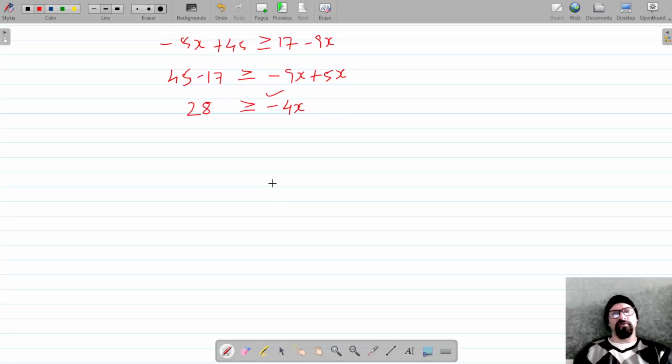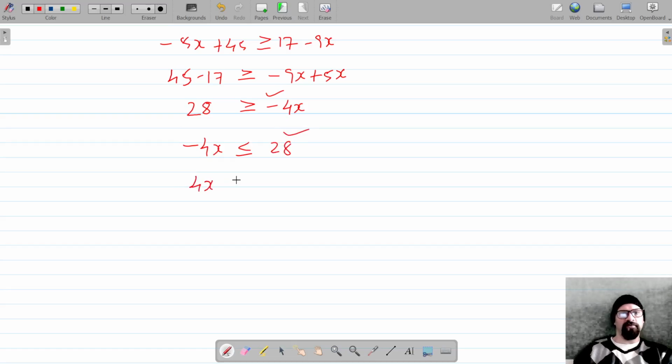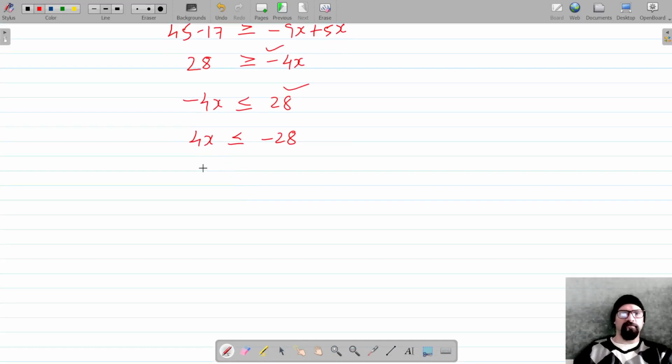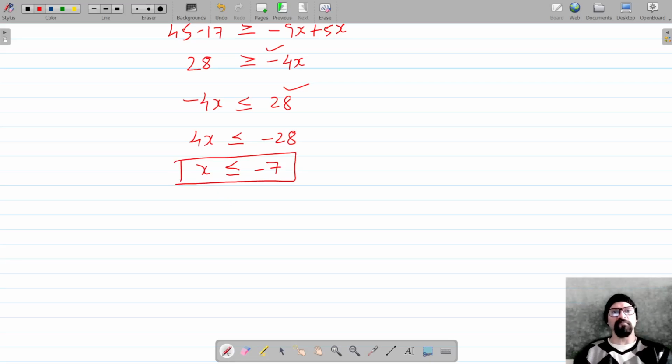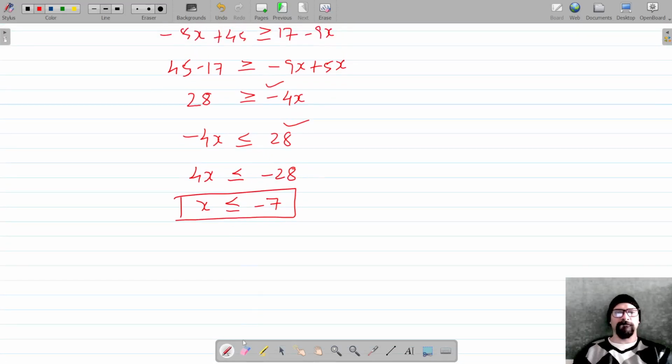Now we have to remove this sign. So I can write this as 28 is greater than or equal to minus 4x, that is, minus 4x is less than or equal to 28. If I multiply both sides with negative, the sign of inequality changes, and this is now 4x is greater than or equal to negative 28. So x is greater than or equal to negative 7. This is the first one.